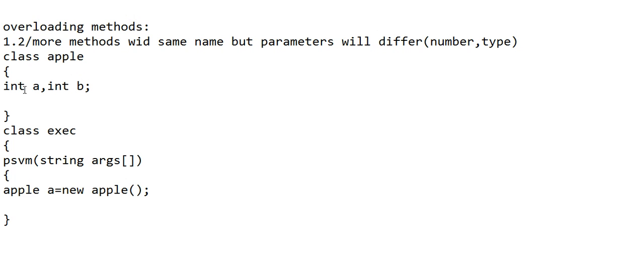I'll take an example which I used before to explain constructors. Here there are two instance variables, int a comma int b, and here I'll take another class, public static void main, string arguments to take values from the command prompt. Here I created an object. I'm not using any constructor, so the dummy constructor will be automatically activated, but I will use a constructor.